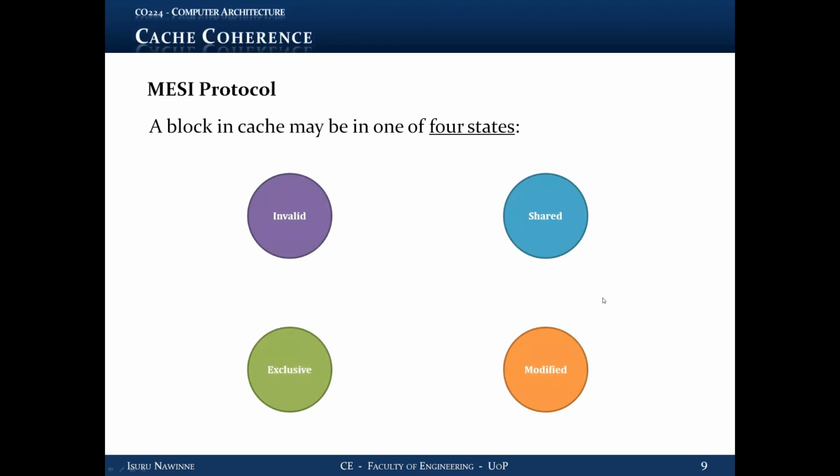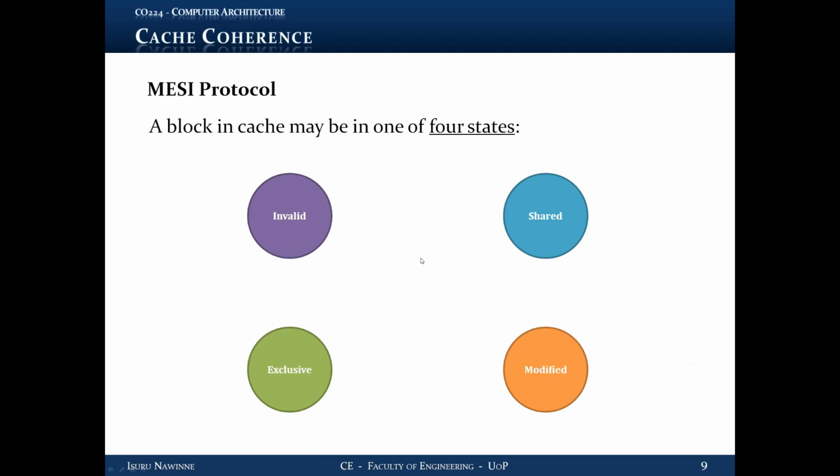Now, in the MESI protocol, a block in a cache can have one of 4 states. We define 4 states, a state for any given block in the cache. So when you look at a cache block, you have the valid bit, tag and all those associated with the block.